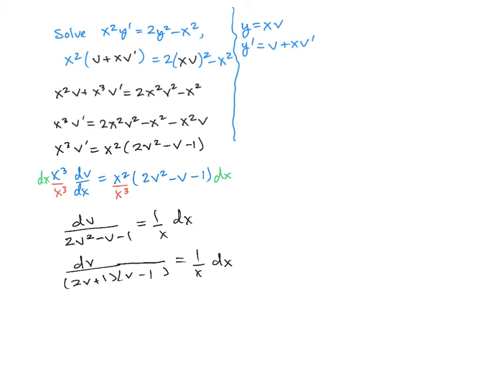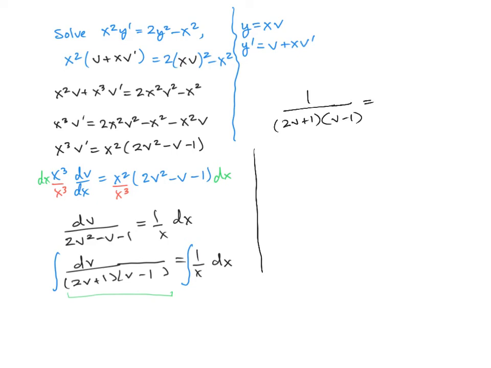So the next step is going to be to integrate both sides of this, and that's where things are going to get challenging because we're going to have to use partial fraction decomposition to factor this over here. So let's go for our rewrite off to the side. We're going to have 1 over 2v plus 1 times v minus 1.